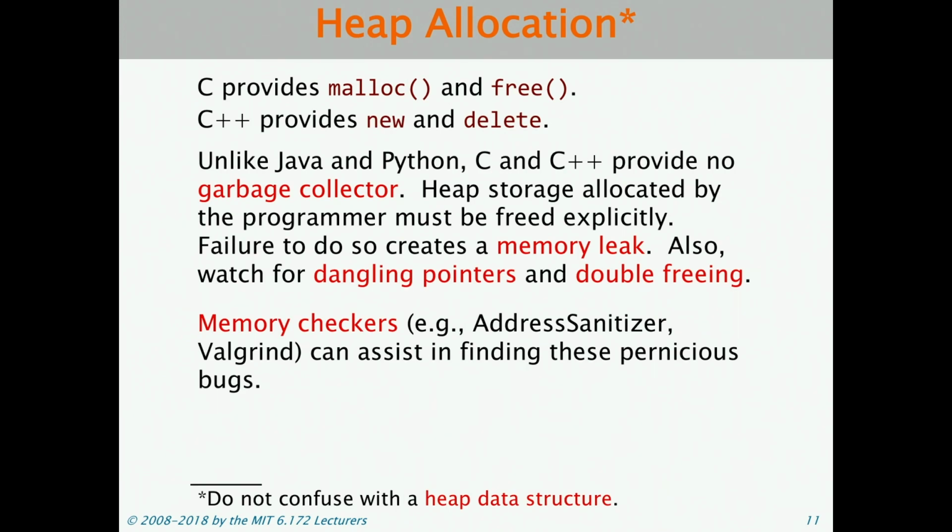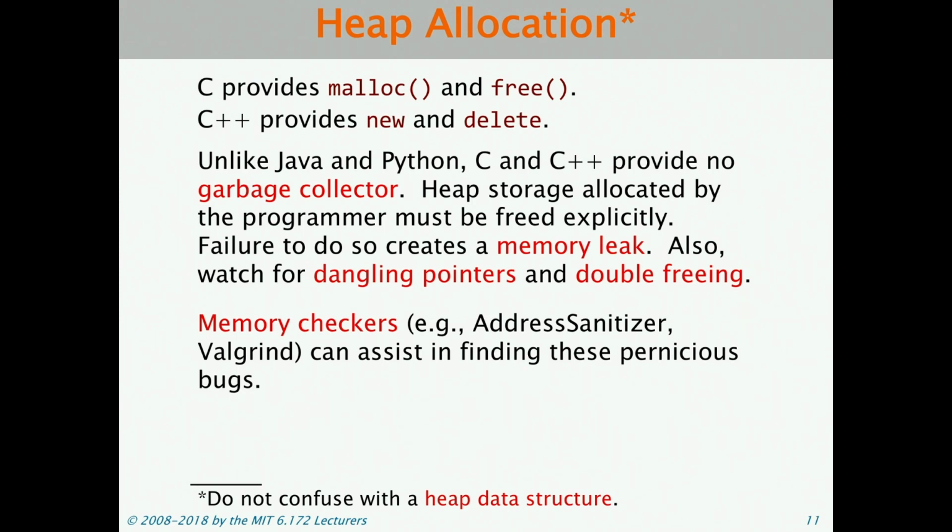Address Sanitizer is a compiler instrumentation tool. When you compile your program, you pass a flag, and then when you run your program, it's going to report possible memory bugs you have in your program. Valgrind works directly off the binary, so you don't need to do anything special when you compile.